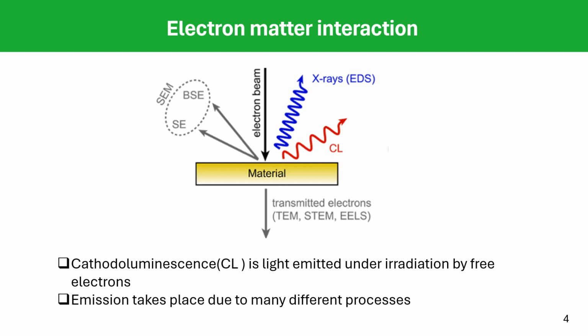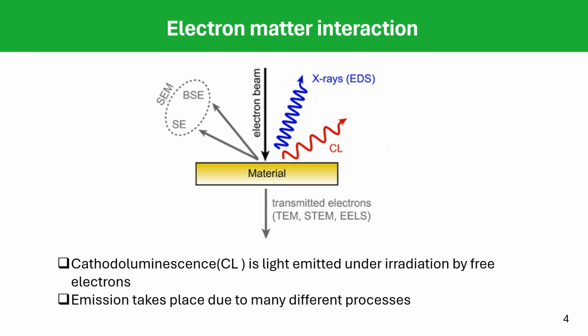So how is cathodoluminescence, or CL, generated? Let's talk about this. When you have an electron beam incident on any material, there's a whole host of scattering processes that can take place in this material.